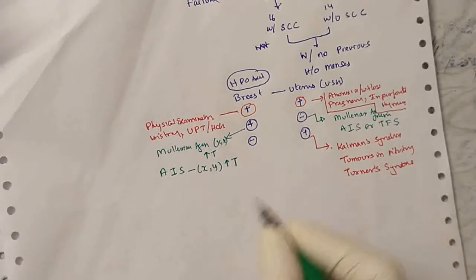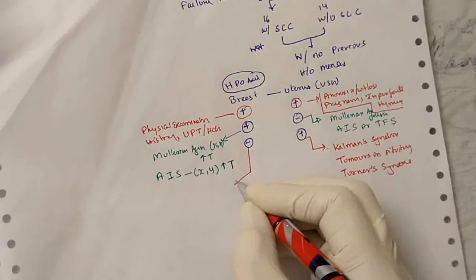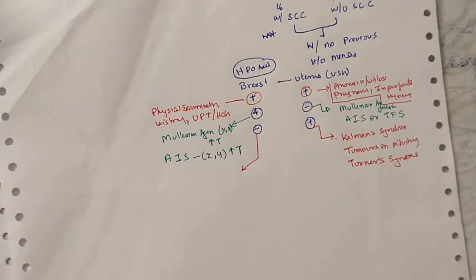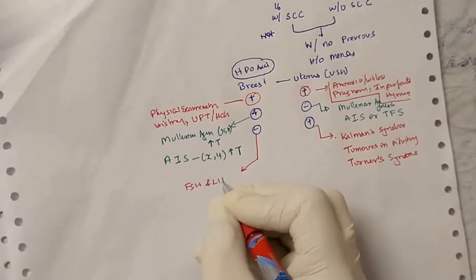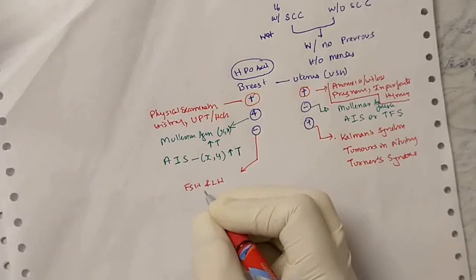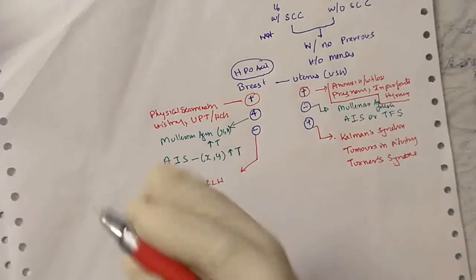This differentiates Mullerian agenesis from androgen insensitivity syndrome or testicular feminizing syndrome. Again, if breast is absent and uterus is present, then how will we know? Here you will take the levels of FSH and LH. So you can know how it is differentiated.